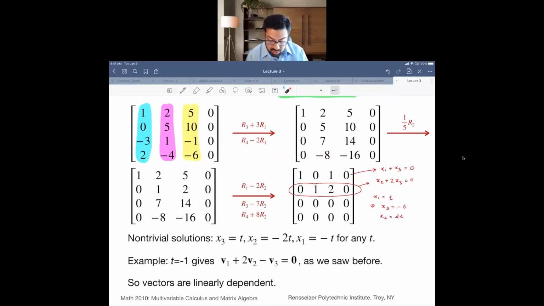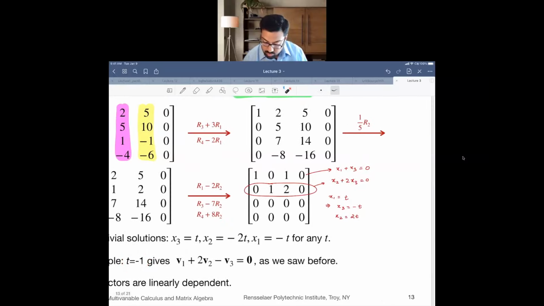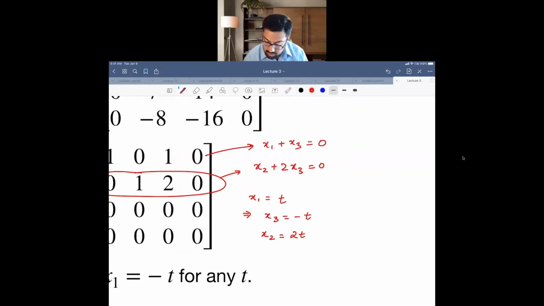For example, if t is negative 1, what do you get for x1, x2, x3? Then x1 is negative 1, x2 is negative 2, and x3 is 1.